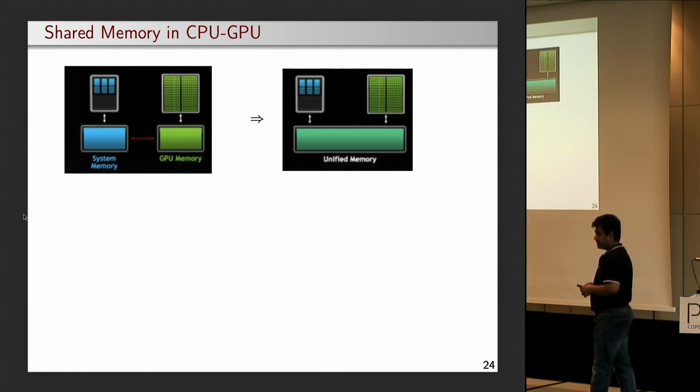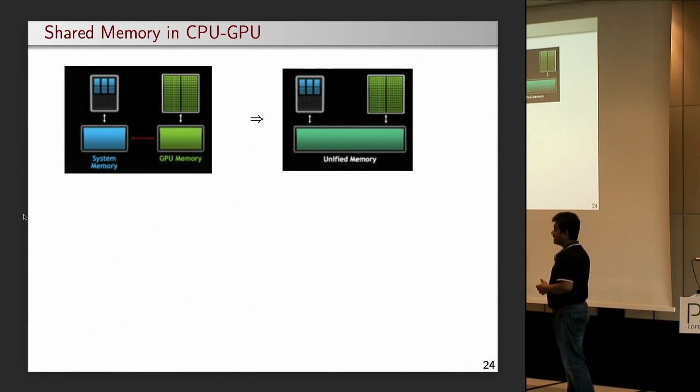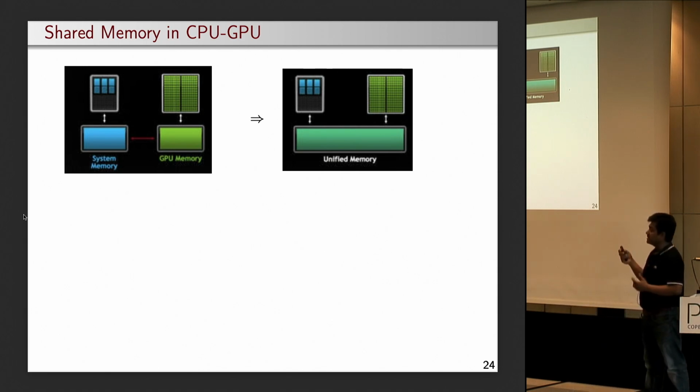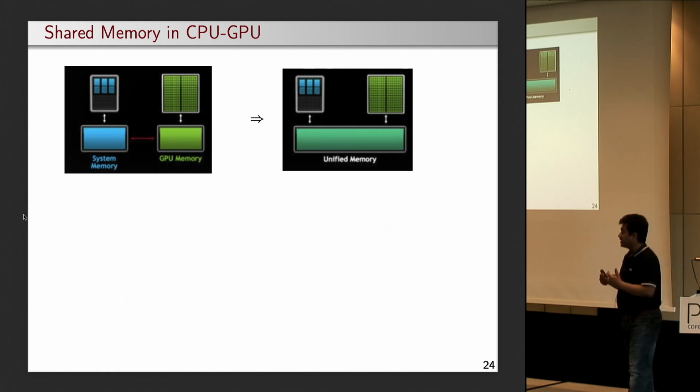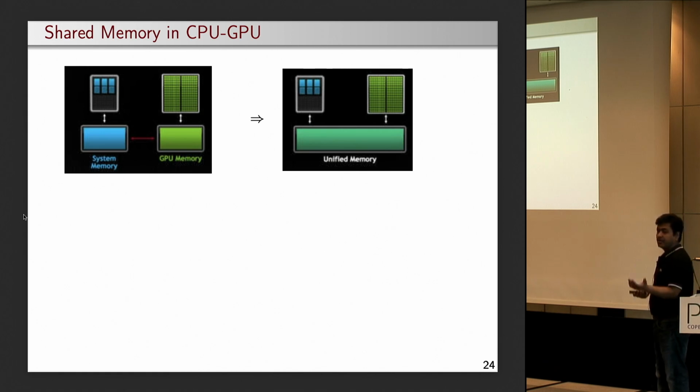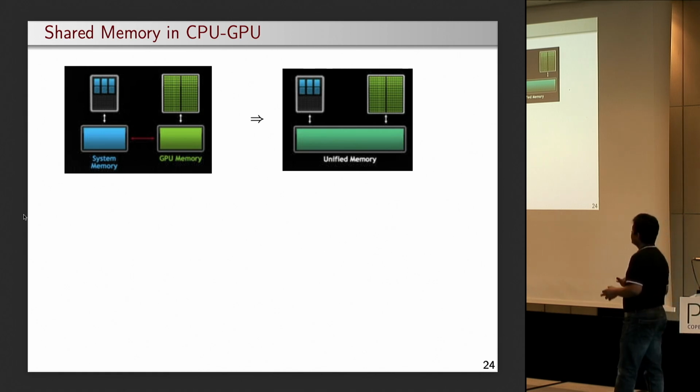specifically, today there are emerging heterogeneous architectures which have shared memory between the CPUs and GPUs. And the question is what the model of this kind of architecture is going to be for their programming languages.